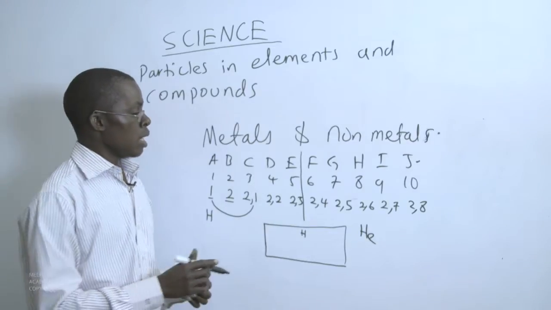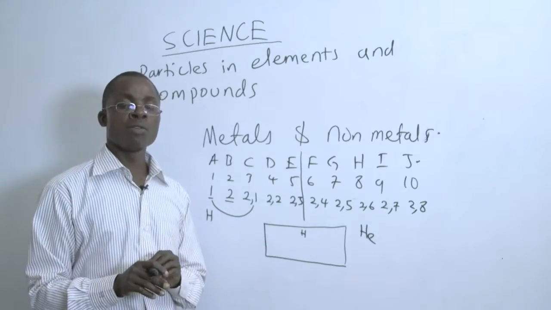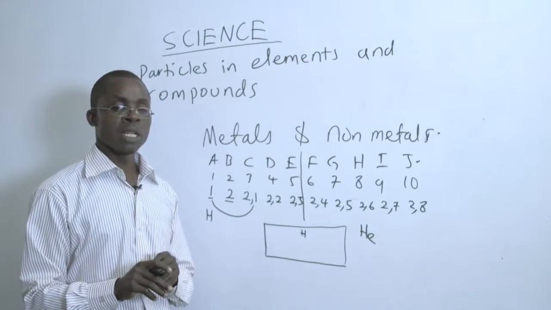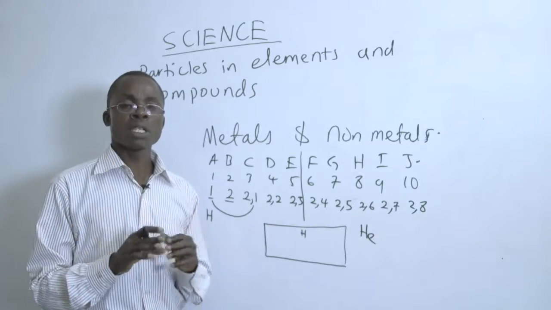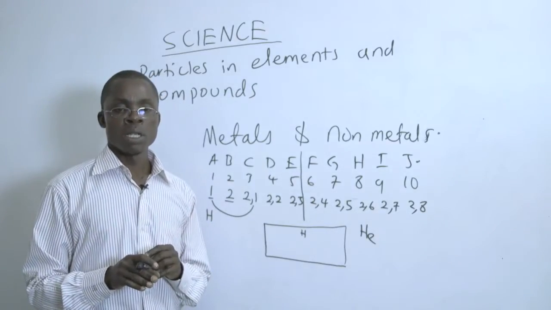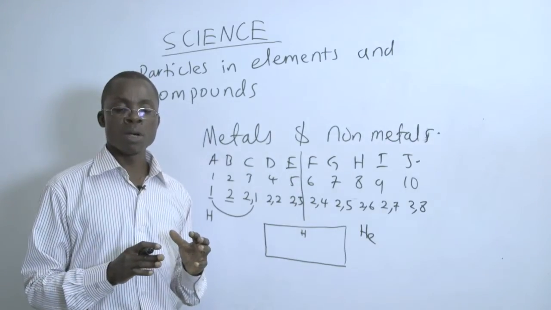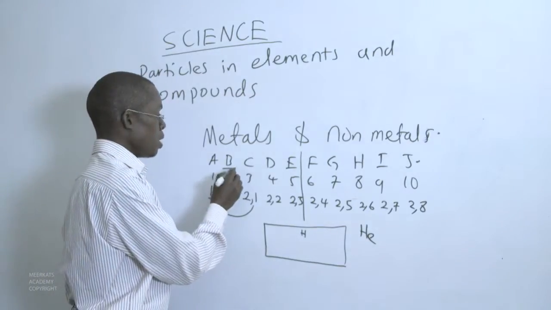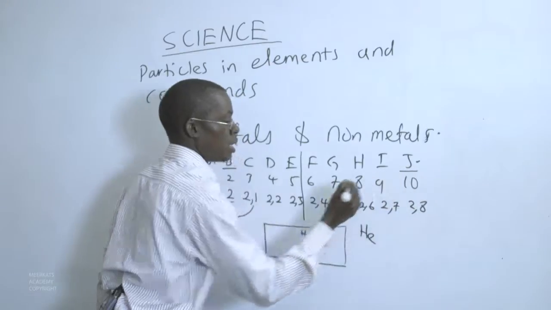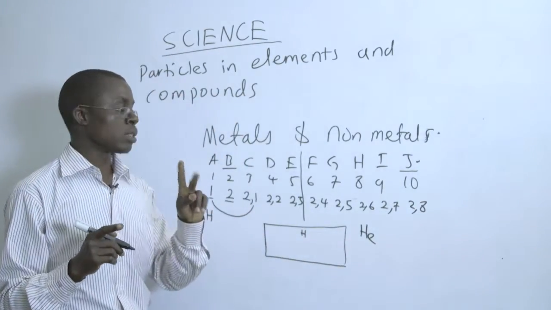However, elements that have their outermost energy level full, as much as they can be taken as nonmetals, are special nonmetals. These are nonmetals that do not react, and therefore the correct way to describe them is noble gases, and that is B and J. The outermost energy level, the first energy level, has 2 electrons.